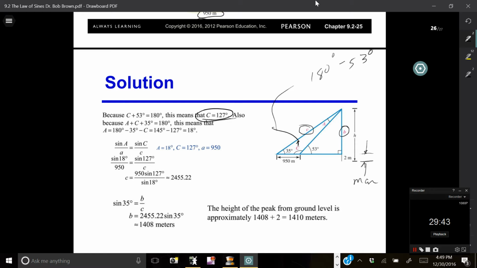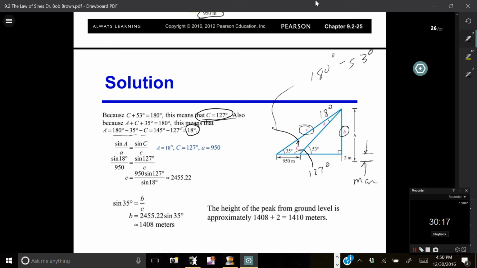That also means, since A plus B plus C is equal to 180 degrees, that A is going to be 180 minus 35 minus C, equal 18 degrees. So this angle up here is 18 degrees. So we have this angle is 127 degrees.